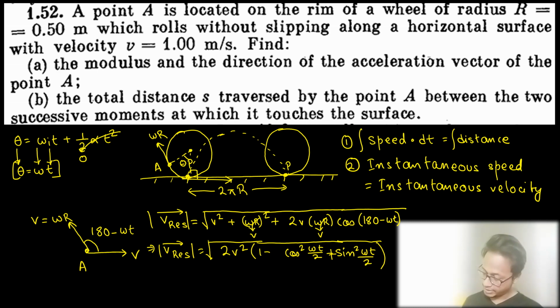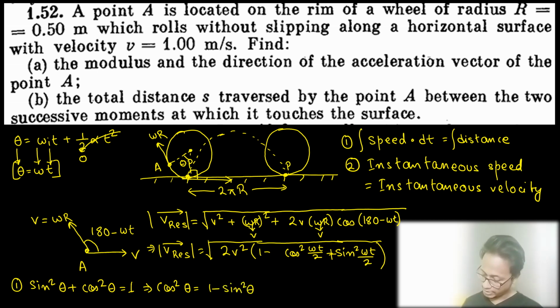Now in mathematics there is another formula: sine square theta plus cos square theta is equal to 1, or I can simply write cos square theta is equal to 1 minus sine square theta.